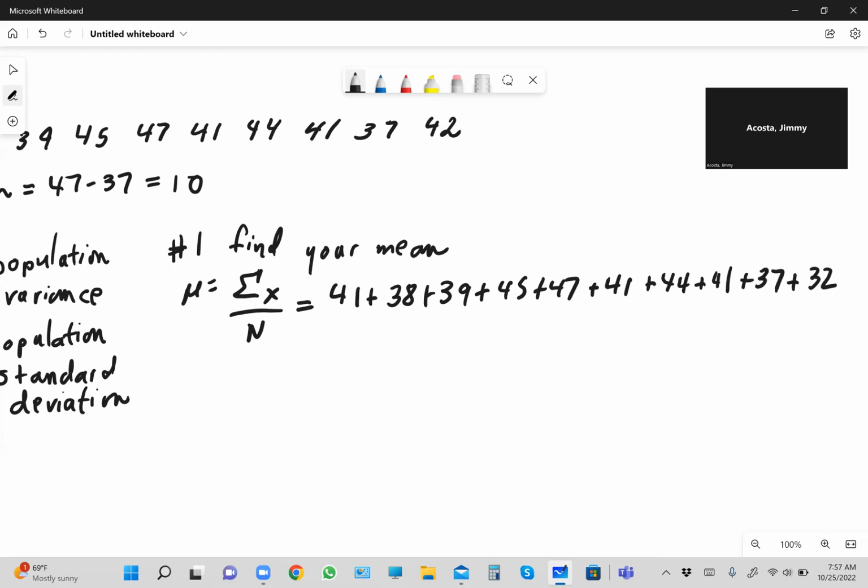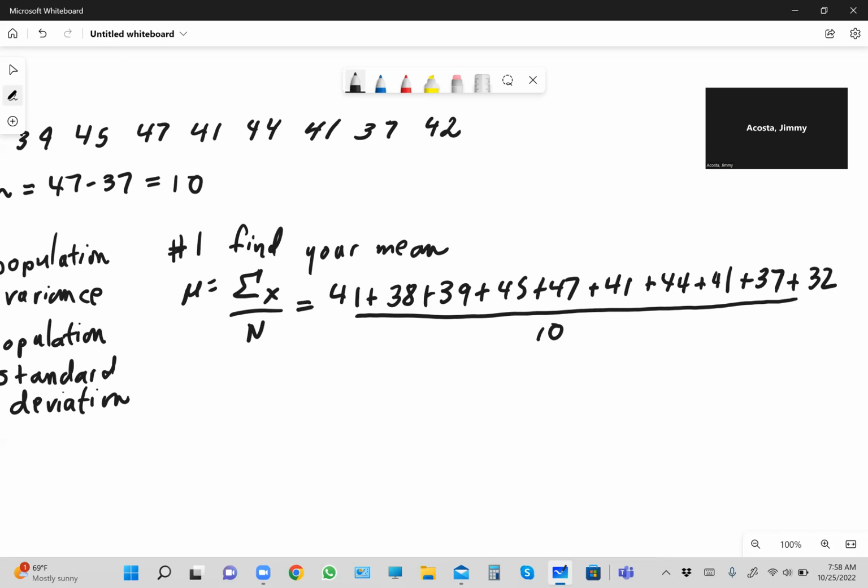You'll be able to see everything I'm seeing. Divided by how many numbers do we have there? 10 numbers. So carefully take your time and go 41 plus 38 plus 39 plus 45 plus 47 plus 41 plus 44 plus 41 plus 37 plus 32.